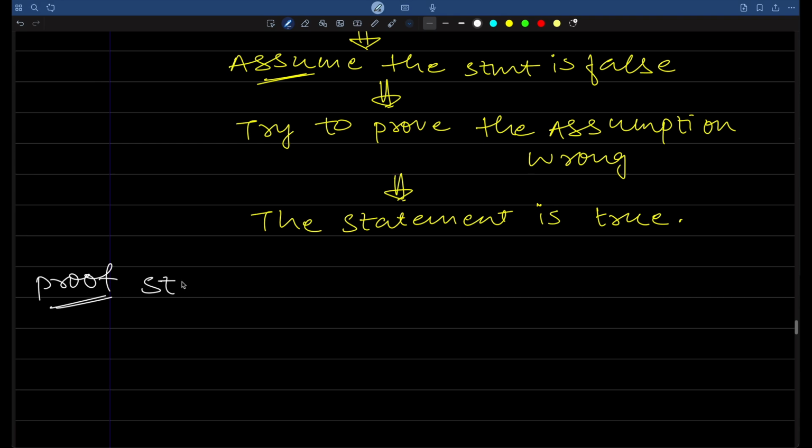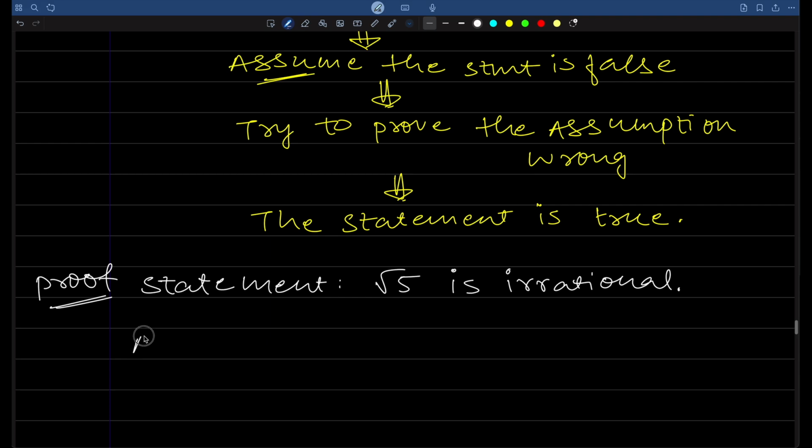The statement is root 5 is irrational. We will assume that the assumption is root 5 is not irrational, or we can say root 5 is rational.